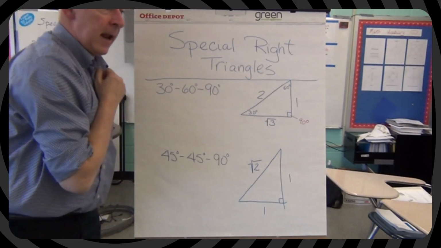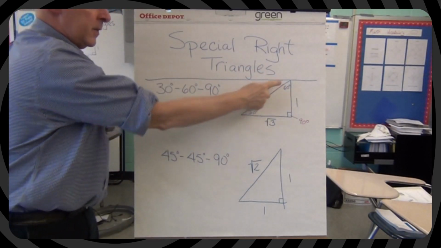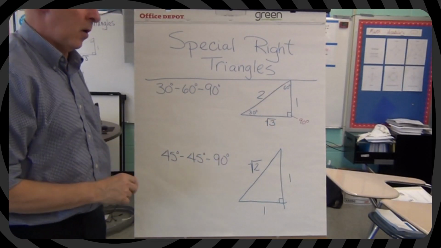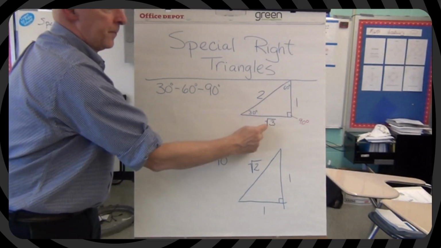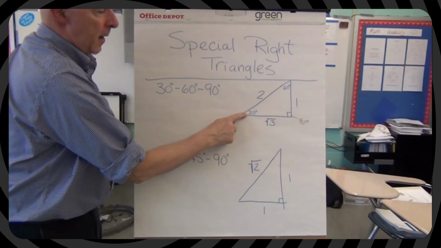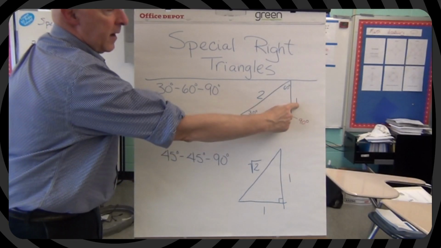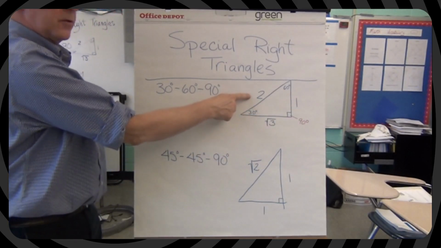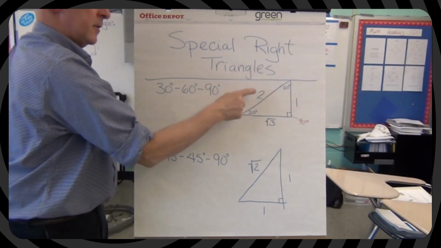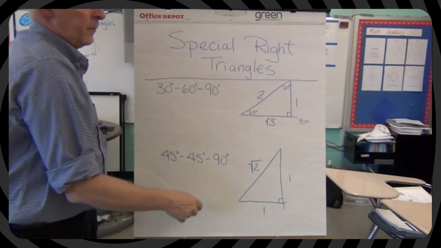And when you take any triangle that has 30 degrees, 60 degrees, and 90 degrees, the ratio of the sides is always in this specific relationship. The side opposite 30 degrees has a value of 1, and the hypotenuse is twice as long. So if this was a 3, this would be 6.